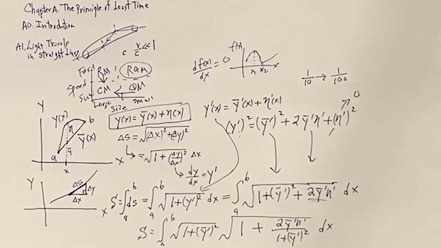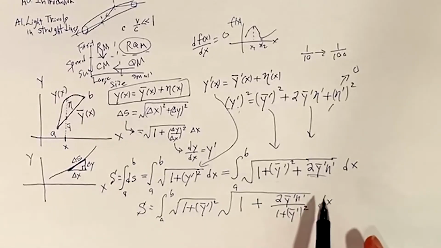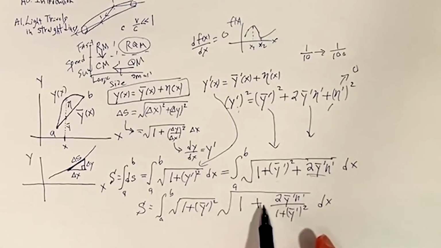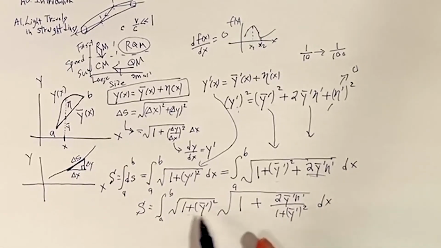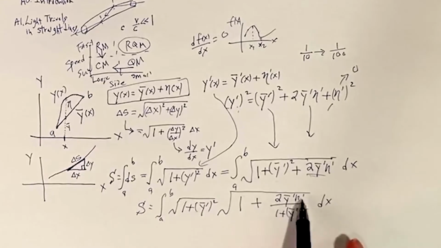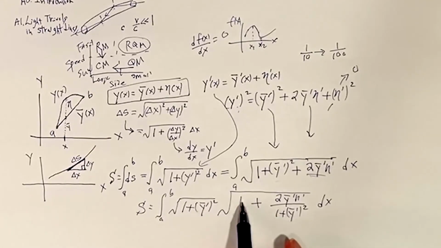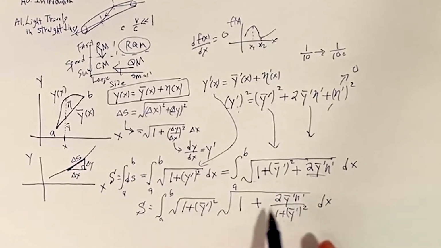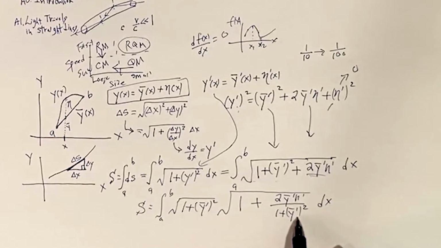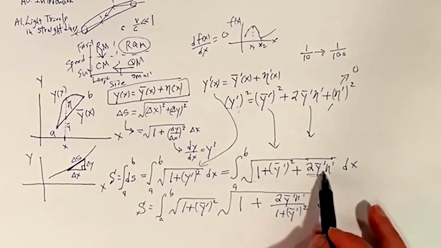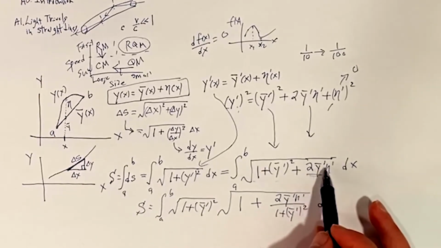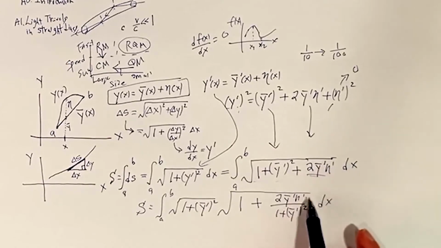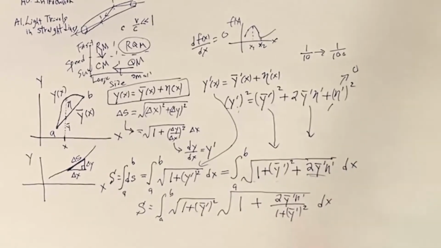All right, let's look at this to make sure we have everything correct. If this goes inside the radical sign, since this is a radical already and that's a radical already, you just put that in where the 1 is. So it's this times 1, and that gets you this part. Then when this hits the second part, it cancels the denominator, and you get just the 2 y bar prime eta prime. So that's correct.